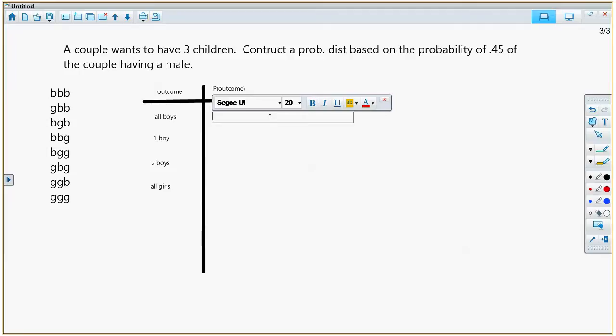What is that? Multiplicative law. So that's going to be 0.45 to the what? Third power. Okay? So that's what that's going to be. Somebody take your calculator out.